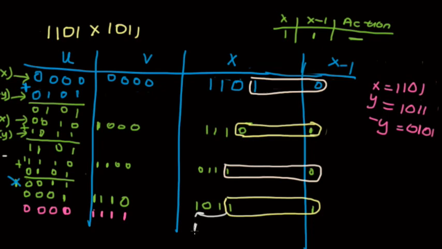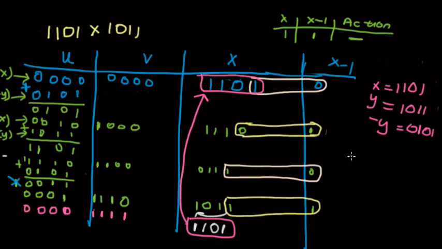So it's going to be 1 1 0 1. Do you see something interesting? This is the same as your initial state. And when that happens, you stop.